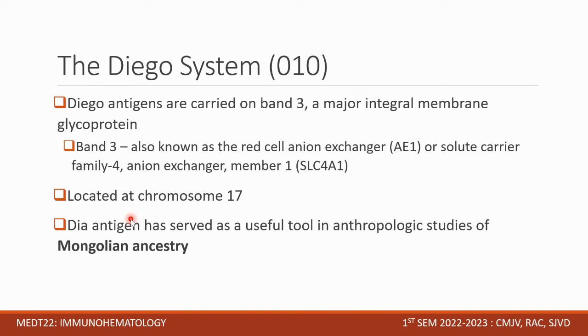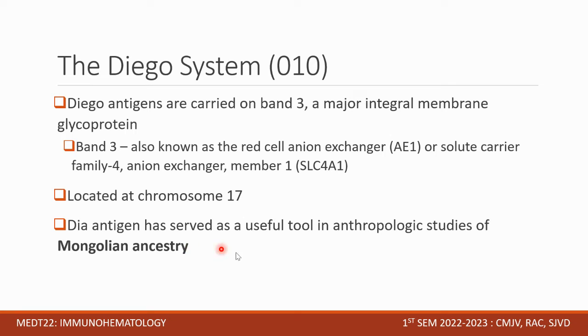So Diego antigens are carried on Band 3, a major integral membrane glycoprotein. So Band 3 is also known as the red cell anion exchanger, or AE1, or solute carrier family 4 anion exchanger member 1, or SLC4A1. So located at chromosome 17 ang kanyang gene. Okay?